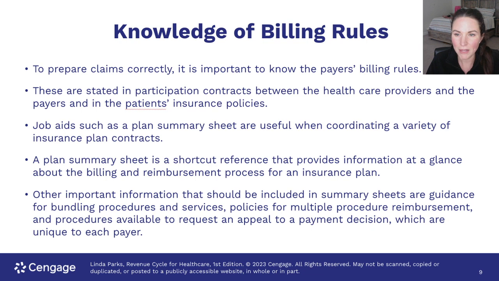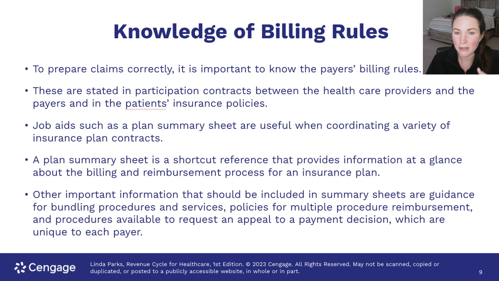Medicare and all the commercial payers are going to each have their own billing guidelines or rules on how they want claims submitted. So if you're in this department, you have to be familiar with each set of rules. They do have these things called job aids, like a plan summary sheet. It's basically like a cheat sheet or quick reference guide of the billing and reimbursement process for an insurance plan.